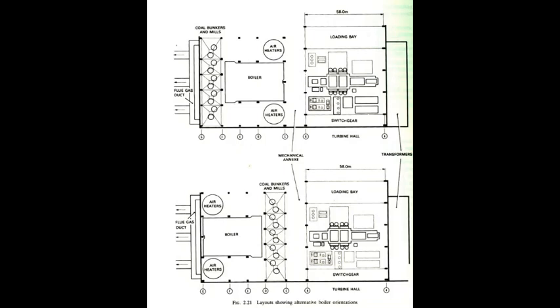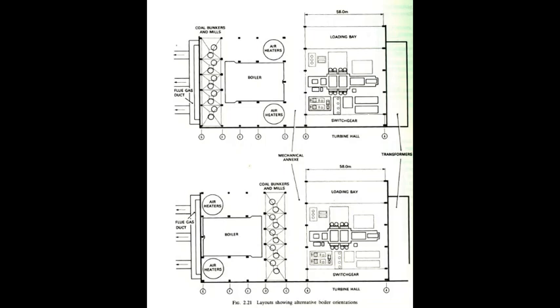Let us now see some typical layout arrangements which are provided in different plants according to convenience. The first one shows the different orientation of the boiler plant and its auxiliaries.